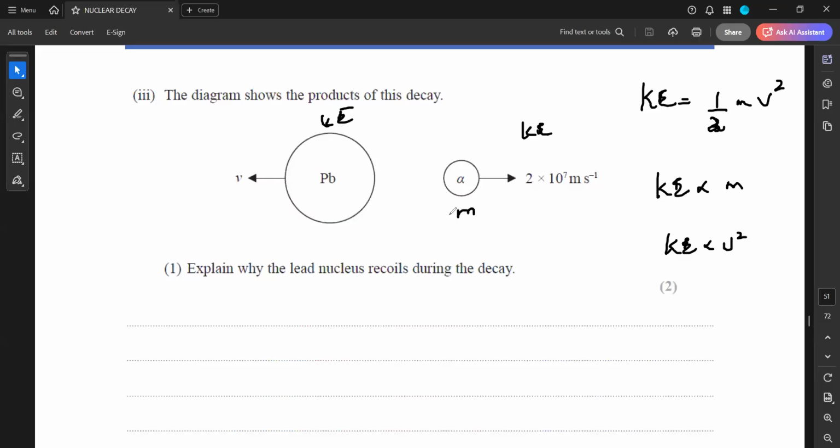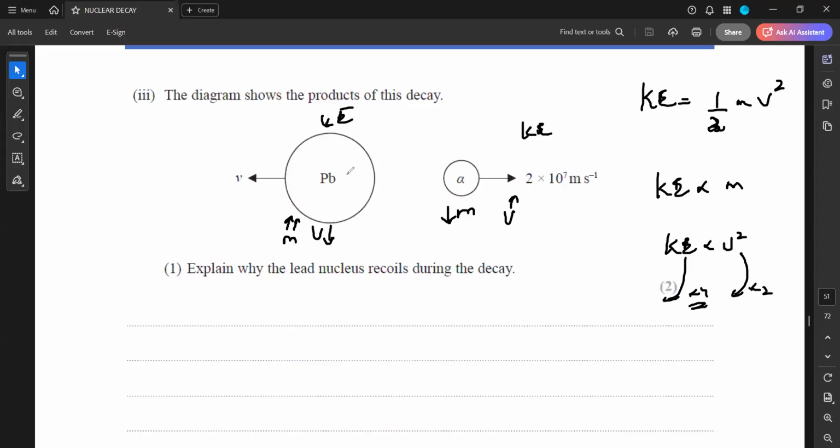Because the alpha particle has a lighter mass, its speed will be much higher. And when the speed increases, like if speed is doubled, kinetic energy will be 4 times. Whereas for lead, what will happen? It's massive or heavy compared to the alpha particle, so it will move slower. So it will have less speed, that's why less kinetic energy.